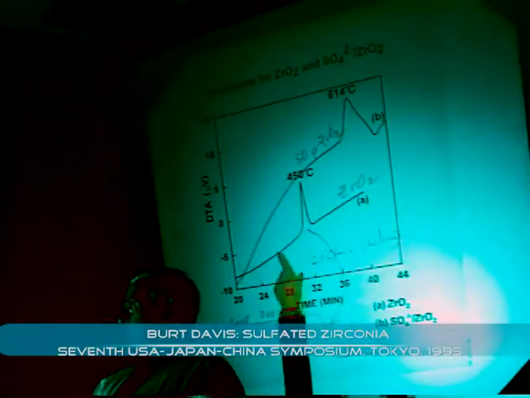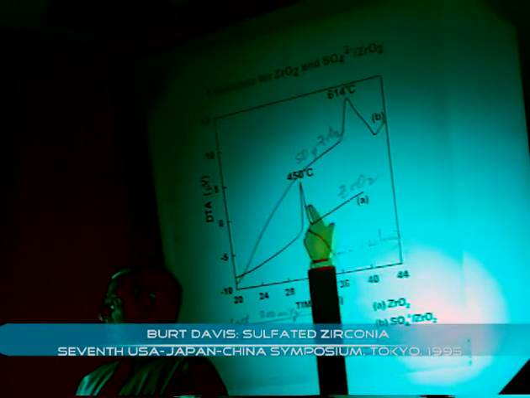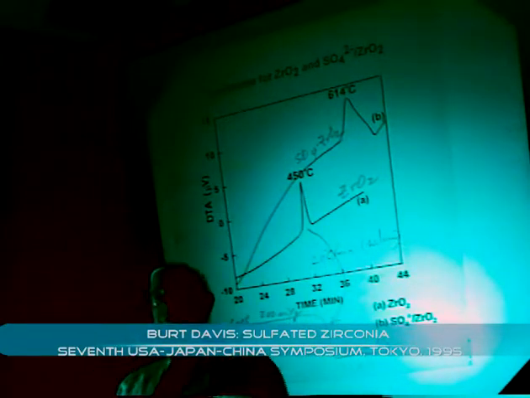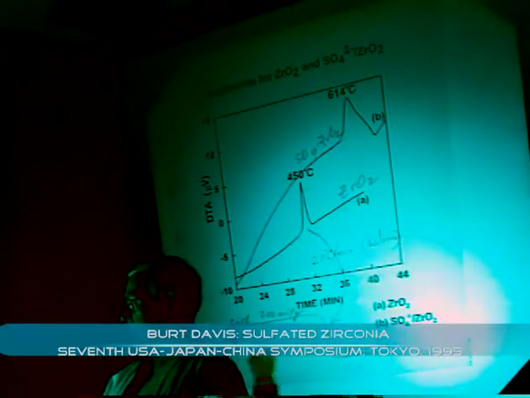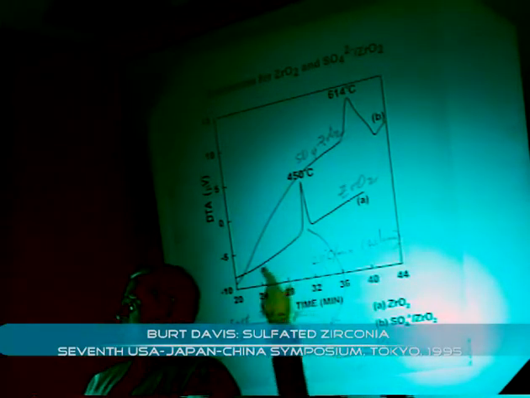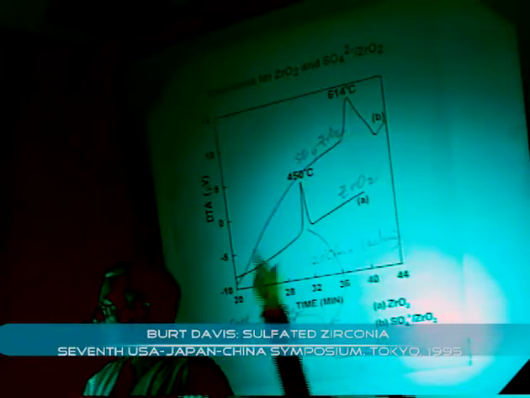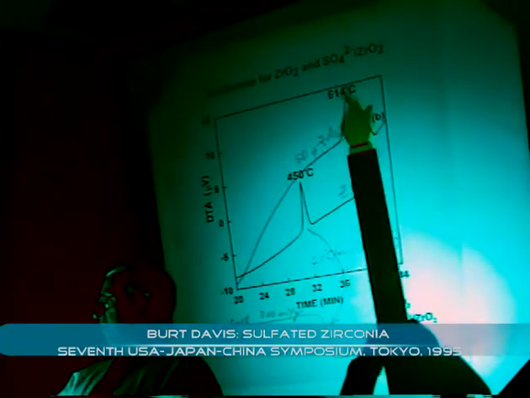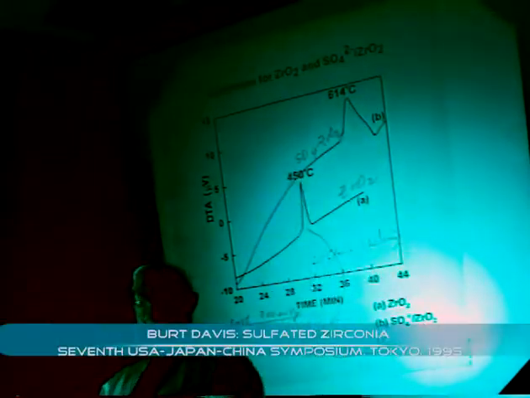If you have pure zirconium oxide, you get an exotherm about 450 degrees. This is associated with a loss in surface area. If you put sulfate on zirconia, you go to a much higher temperature, 614 compared to 450.